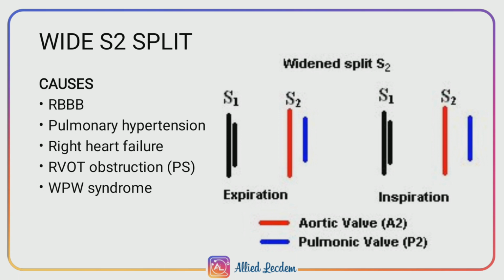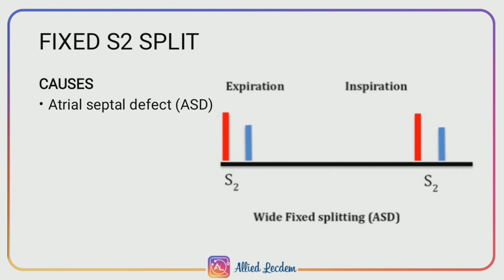For example, during expiration, the wide split is heard as lub drub, and this pulmonary valve closure extends during inspiration. Fixed S2 split. As the term describes, the S2 split is fixed during expiration and also during inspiration. This condition is seen in atrial septal defect.